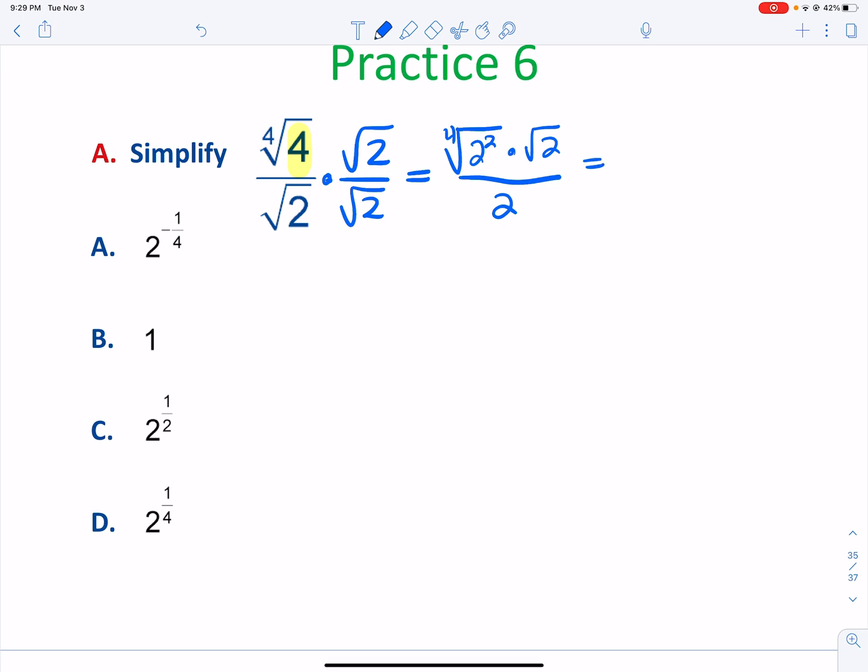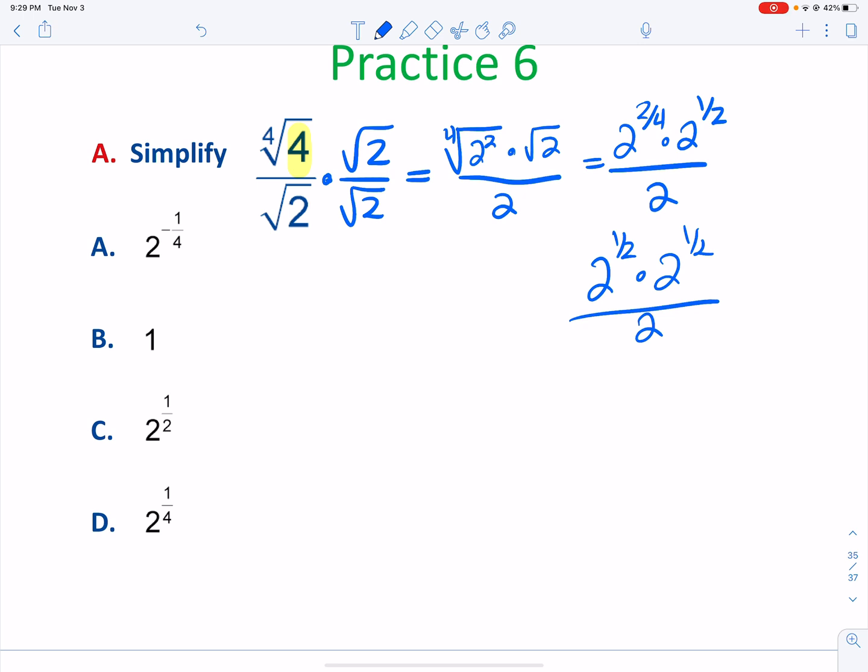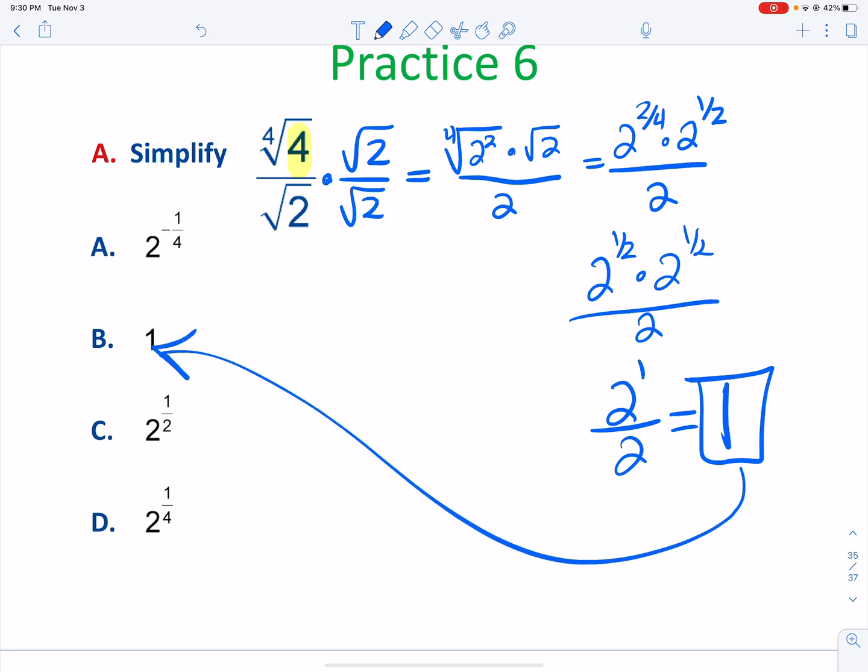So then that would become 2 to the 2/4 times 2 to the 1/2. Well, wouldn't that be 2 to the 1/2 times 2 to the 1/2? And 1/2 plus 1/2 is 1. So 2 divided by 2 is 1. So my answer on this practice question is actually 1.